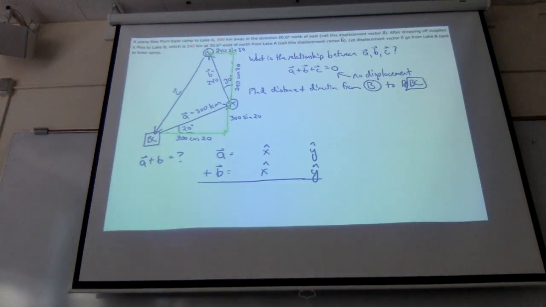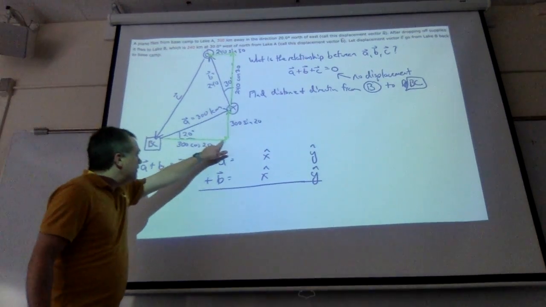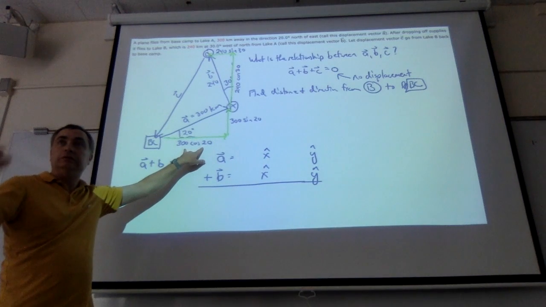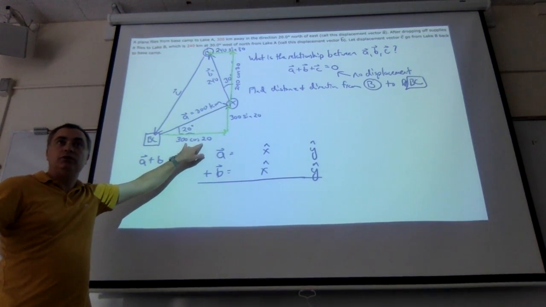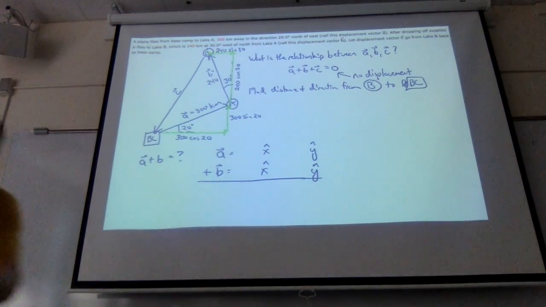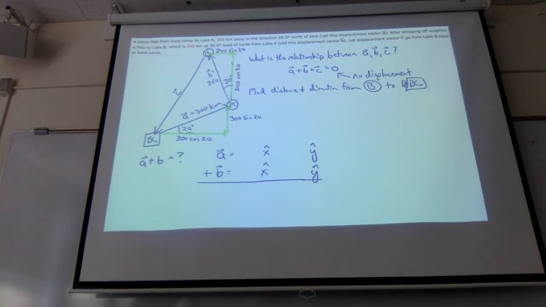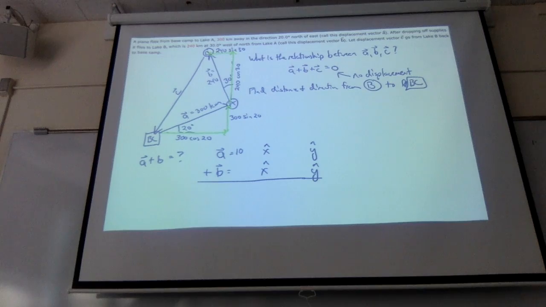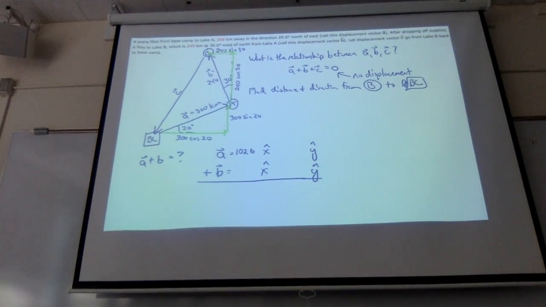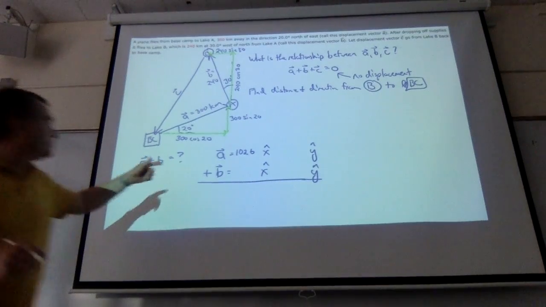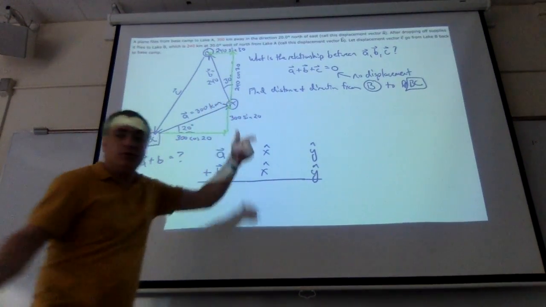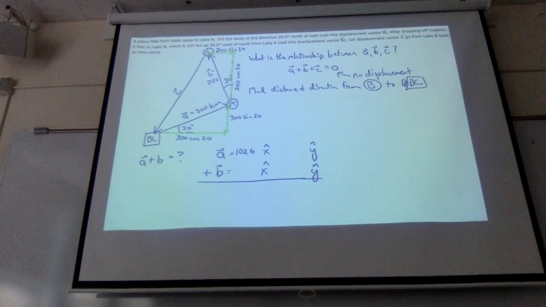Okay? So for vector A, this is my x component. What is 300 cosine 20? Help. Anybody? 102.606. 102? 0.606. 6 will be good enough. There we go. So 102.6 in the x direction, and then 300 sine 20 in the y direction, which is... No, 300 sine 20 is 102.